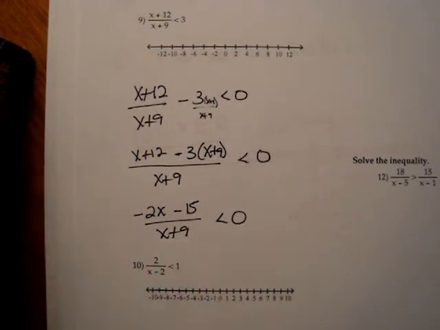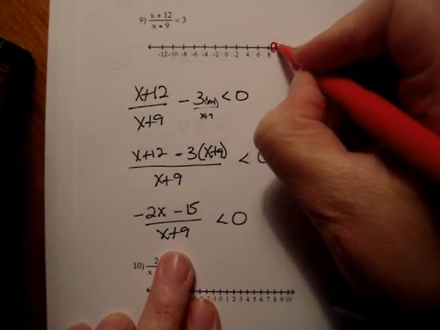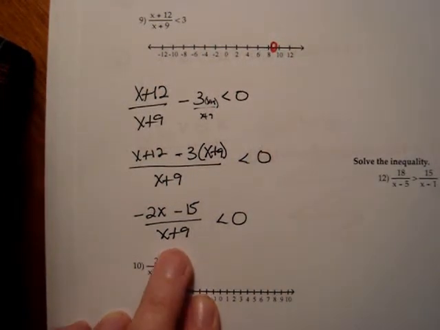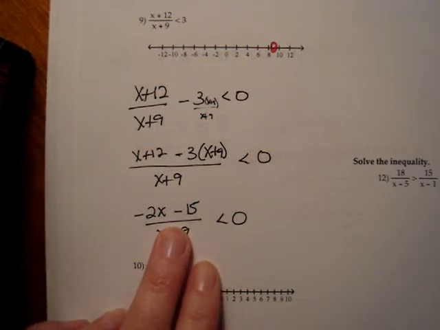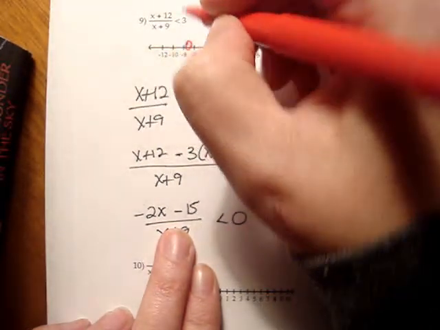I will repeat myself: the 0 that comes from the bottom is always an open dot. Why? Because you are never allowed to have 0 in the bottom, so you can never include that number. The 0 from the top in this case will be negative 7.5, so about here-ish.